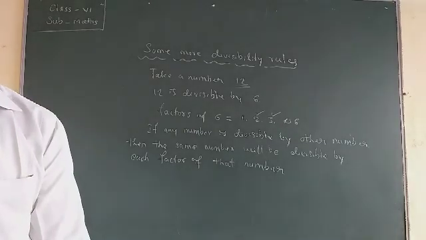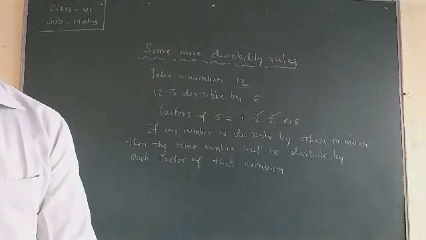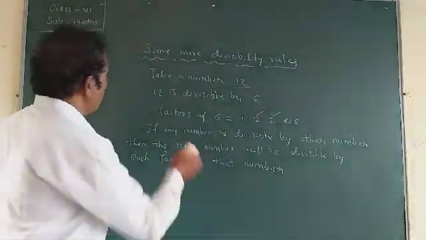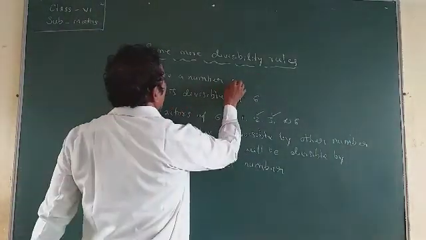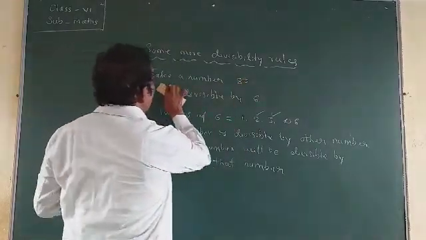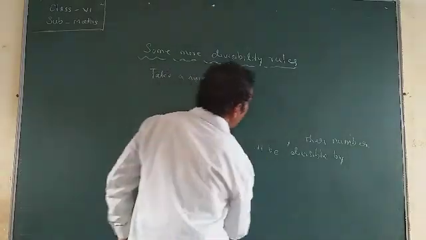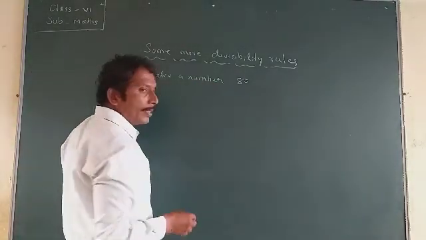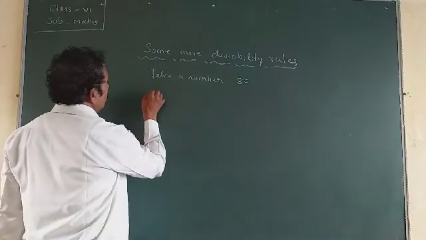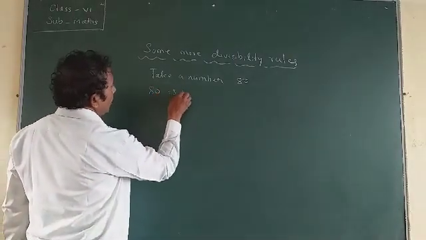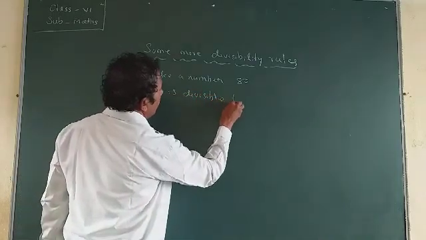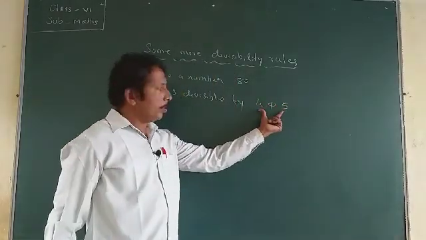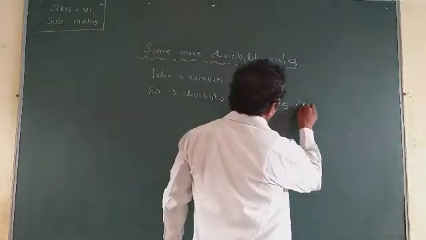Let us take for example the number 80. 80 is divisible by 4 and 5. 4 and 5, these are co-prime numbers.